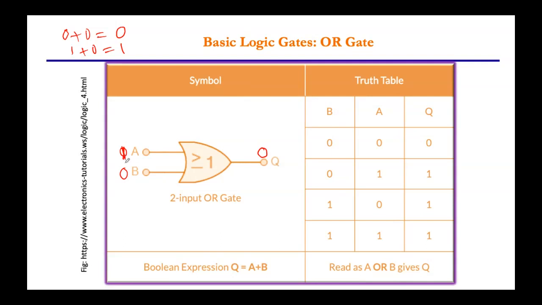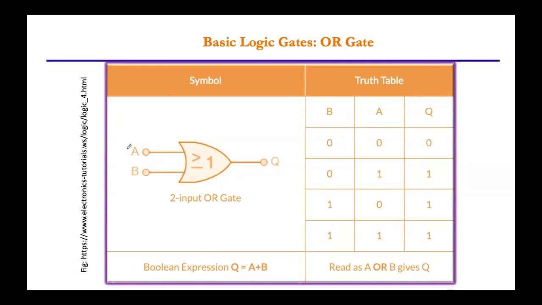If B is 1 and A is 0, then 0 plus 1 gives the result 1.